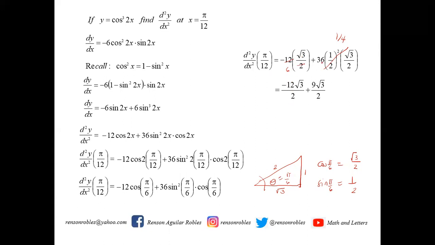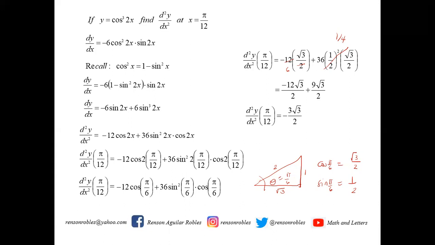Then this is 36 times 1/4 is 9 over 2 square root of 3. Okay? And then adding these two fractions, the second derivative of y in terms of x at x equals pi over 12 is simply equal to negative 3 square root of 3 all over 2.